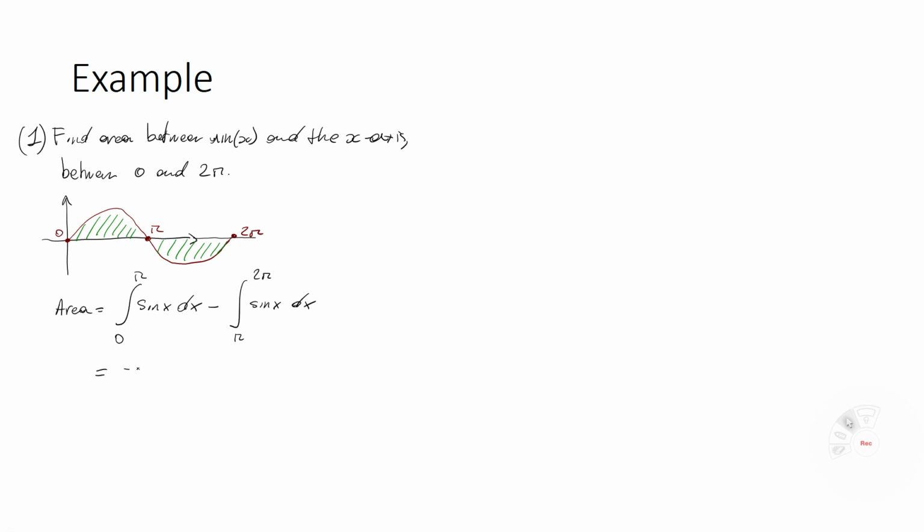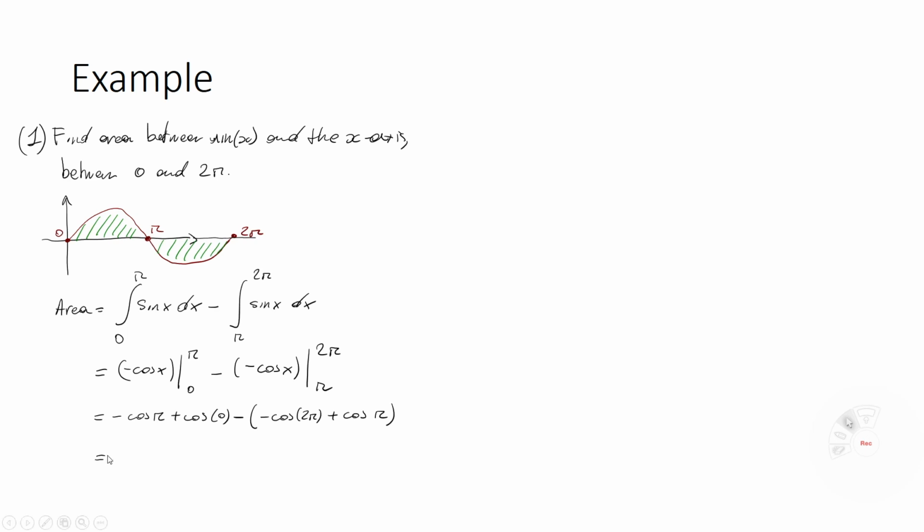The integral of sine is negative cosine, evaluated at pi, 0, minus, again, negative cosine, evaluated at 2 pi, pi. So that's minus cosine pi plus cosine 0, and then minus cosine 2 pi plus cosine pi.